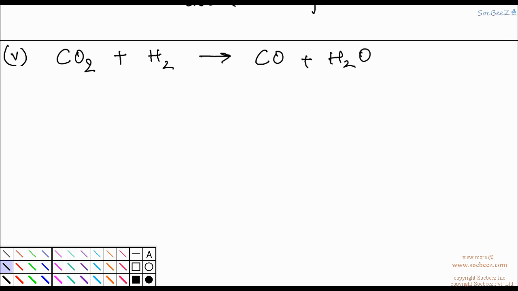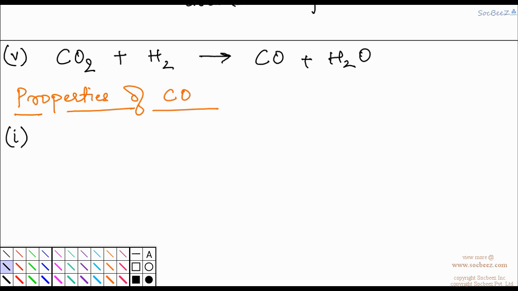Now enough of this preparation. Let's move on to the properties of carbon monoxide. How does carbon monoxide behave when it reacts with other elements and compounds? First of all, let me give you a small description of carbon monoxide.